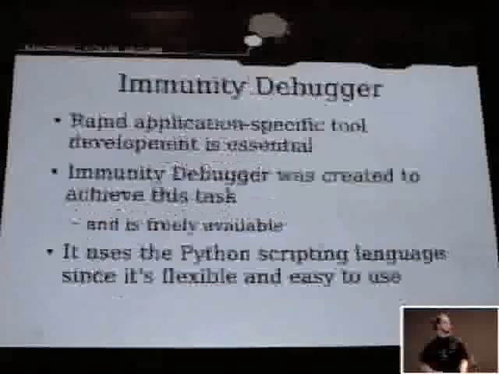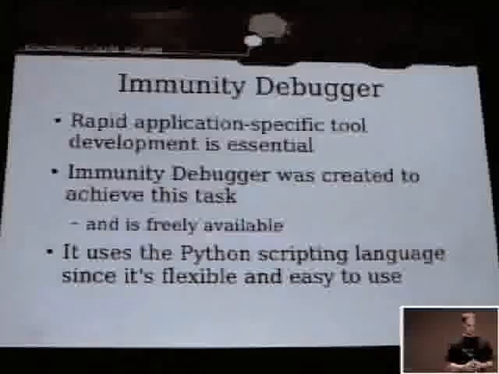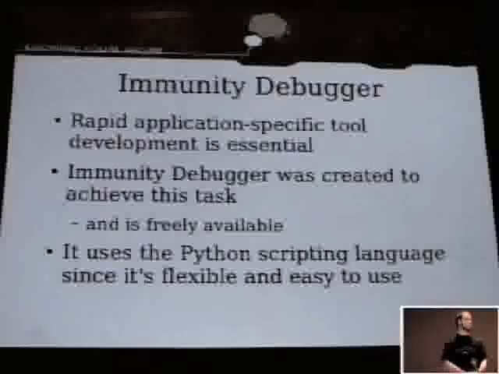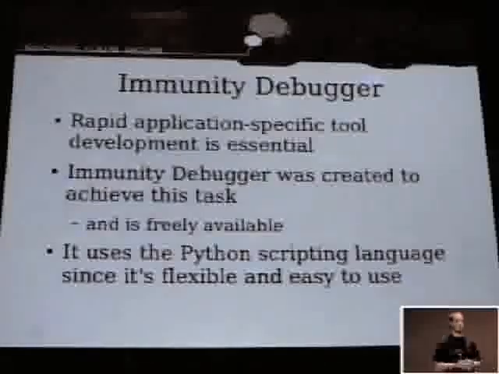We have to create application-specific tools to get into the structures behind the things that a blind fuzzer can really find. So we created Immunity Debugger to achieve this task.